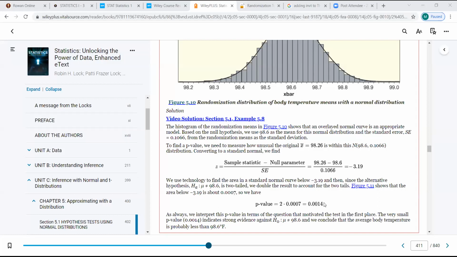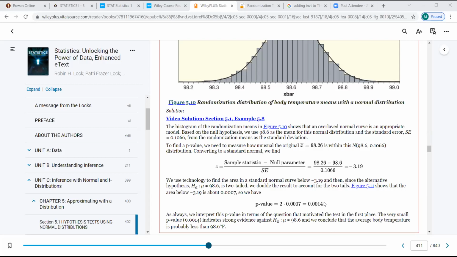0.0014 is the p-value. Now that's a very low p-value. Let's say the alpha level of significance is 0.05, that's much smaller than alpha. And when the p-value is smaller than alpha, we reject the null hypothesis. So this particular sample provides evidence that in general the core temperature is not 98.6 for the population.